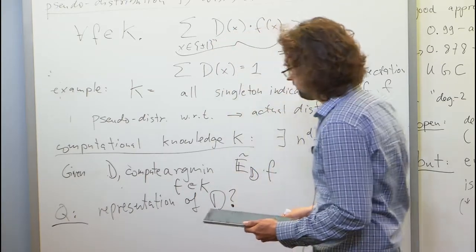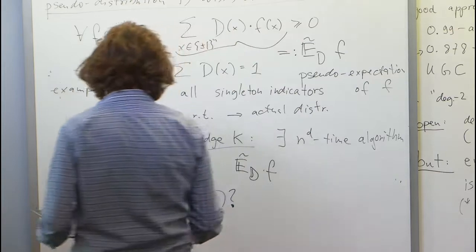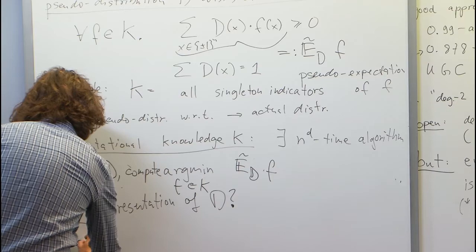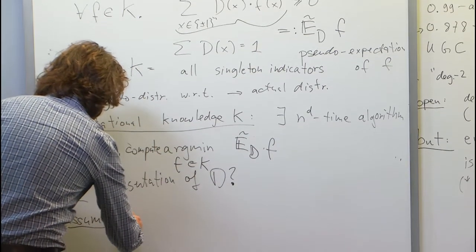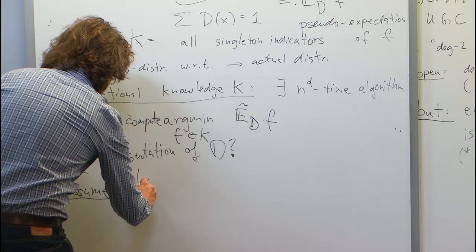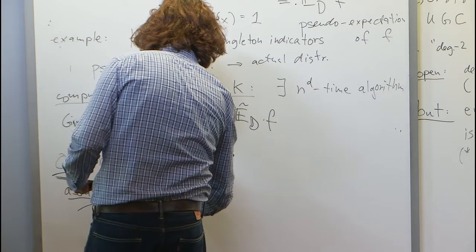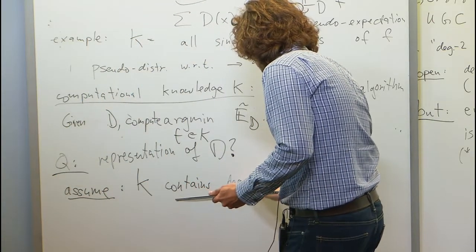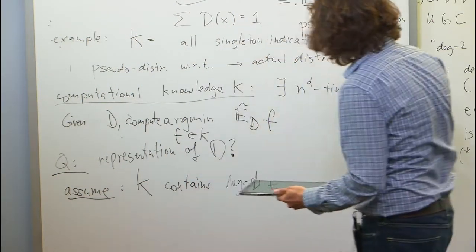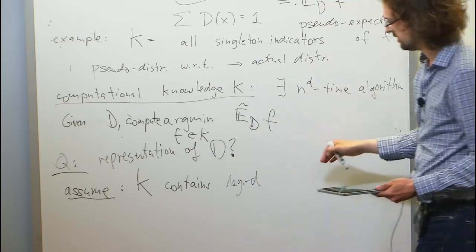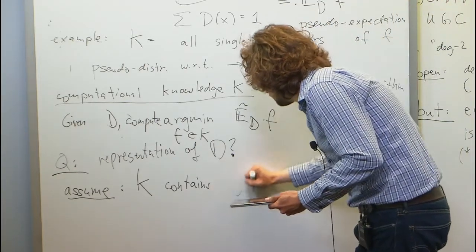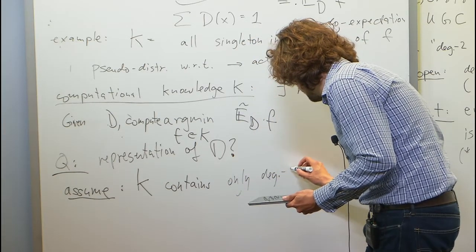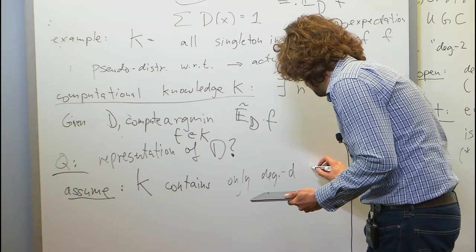And here, that goes back to Madhur's point. We will only look at the case where this set K contains only degree d polynomials, where this d is roughly the same as this d. Why does this make things easier?